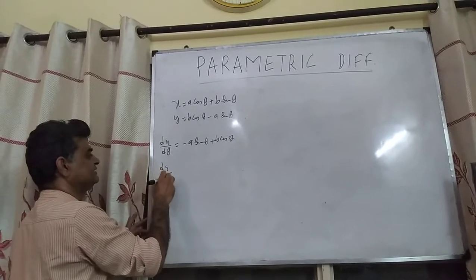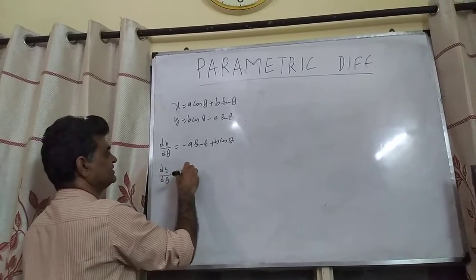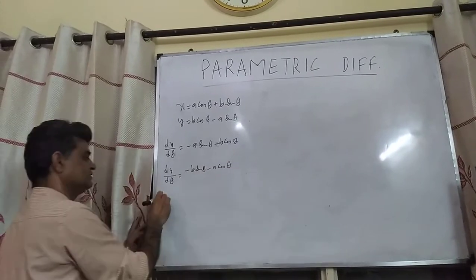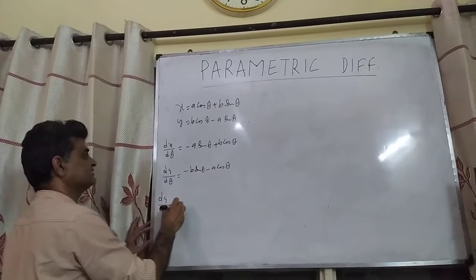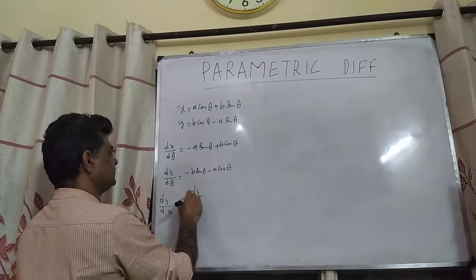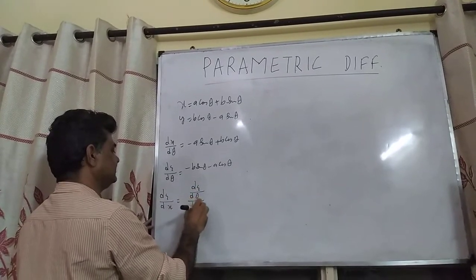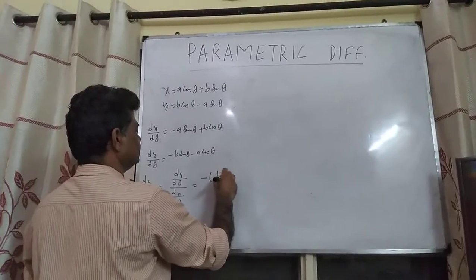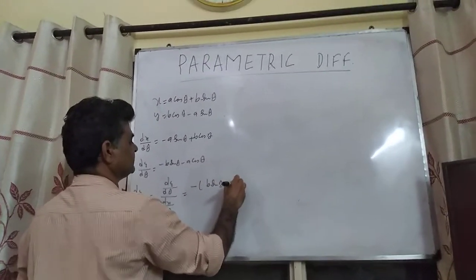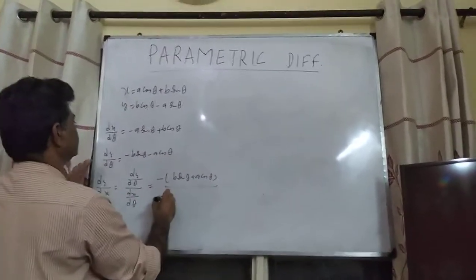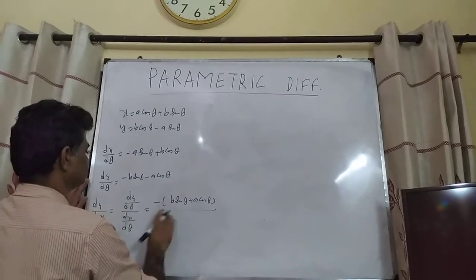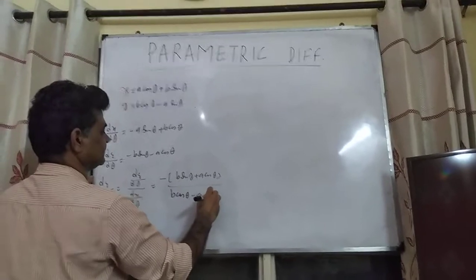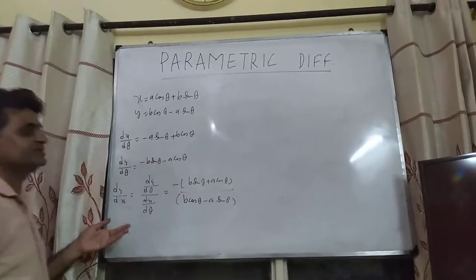Similarly, dy by d theta is minus b sine theta minus a cos theta. So dy by dx is nothing but dy by d theta upon dx by d theta. So dy by dx is minus of b sine theta plus a cos theta divided by b cos theta minus a sine theta. So this is dy by dx.